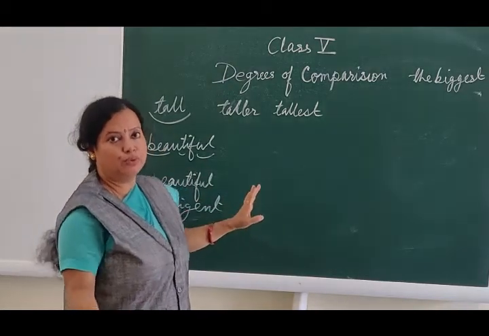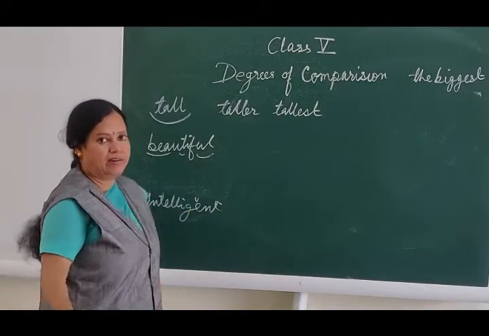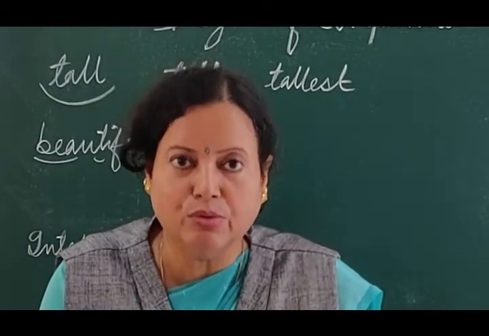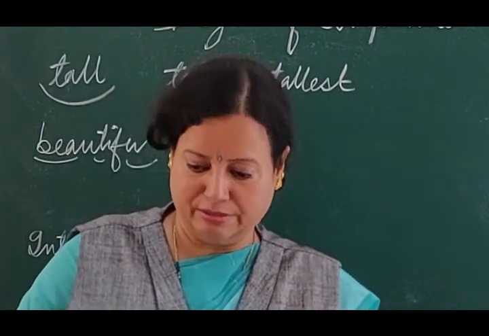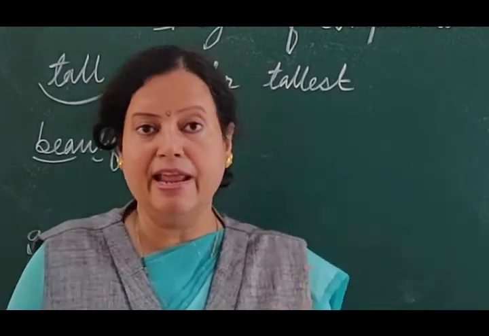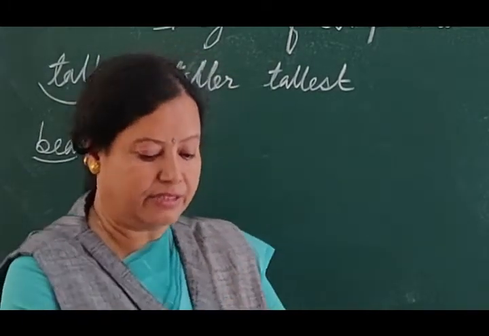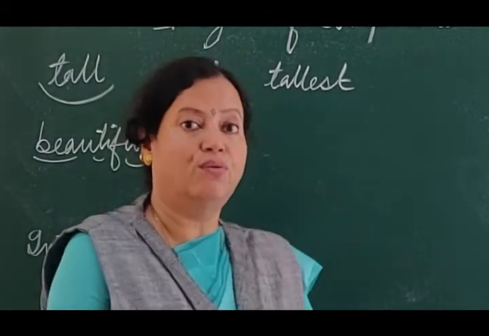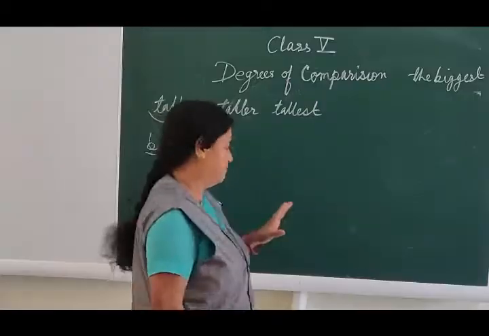A, E, I, O, U. These are vowels, and the rest of the alphabet except A, E, I, O, U is consonants. You read this in junior classes. If you forgot, remember it again. The sound of A, E, I, O, U is known as vowel sound, and the rest of the alphabets are known as consonants.